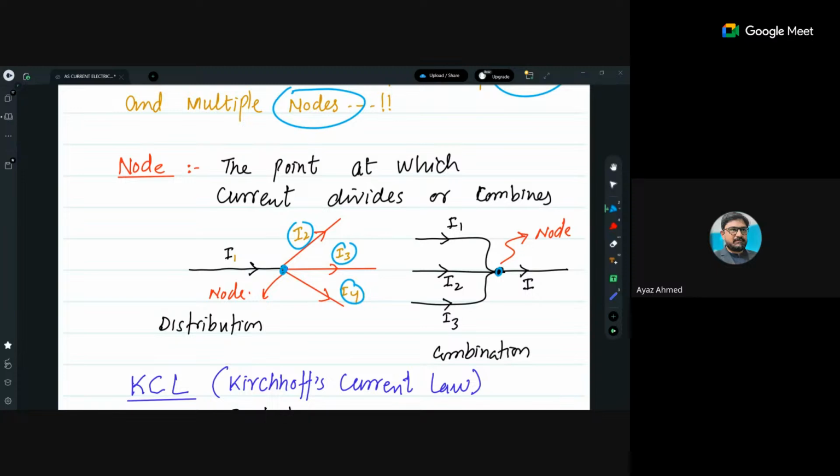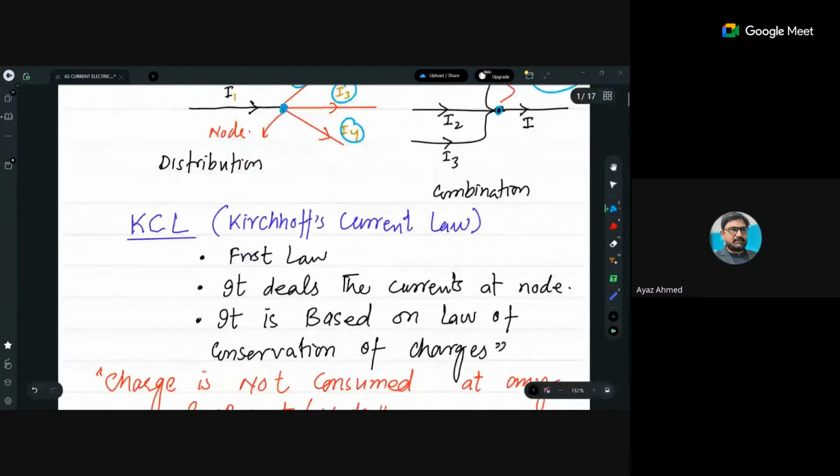And if there is I1, I2, and I3, that is the current coming from different sources, and that current is now combined together at this node, the junction.